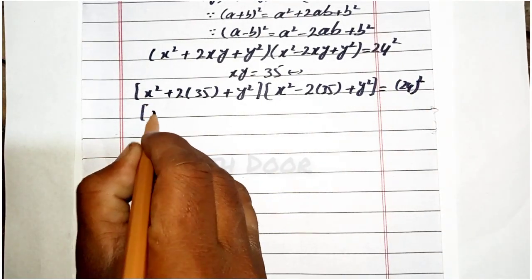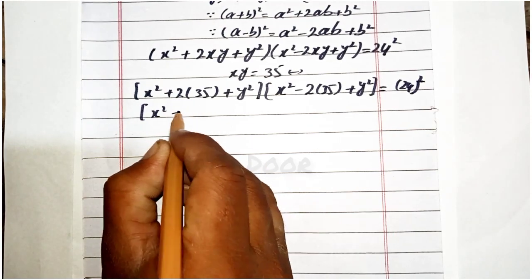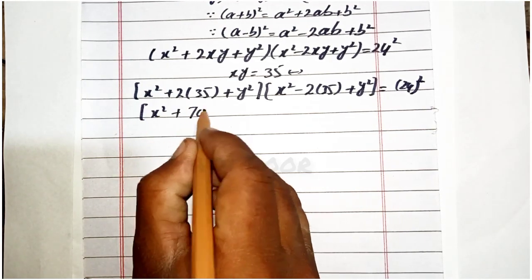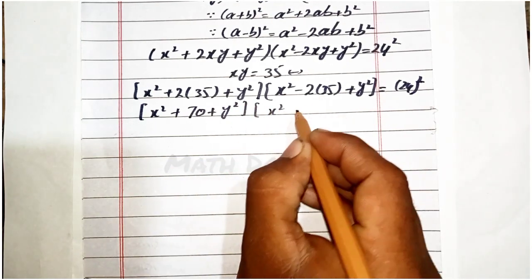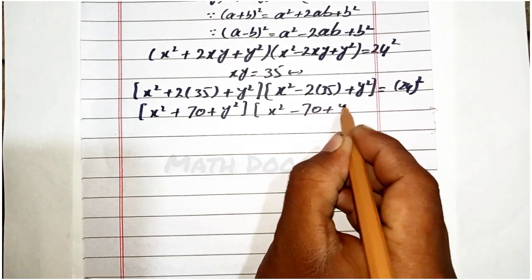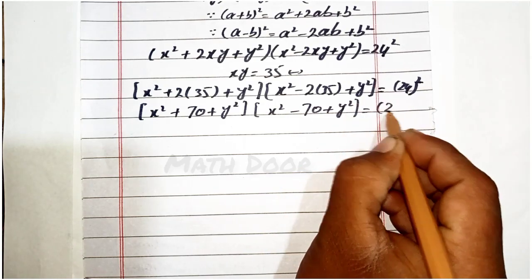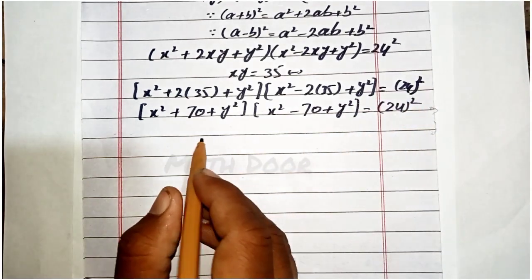Now 35 multiplied by 2 becomes 70, so x square plus y square plus 70, and here also x square plus y square minus 70 is equal to 24 whole square.